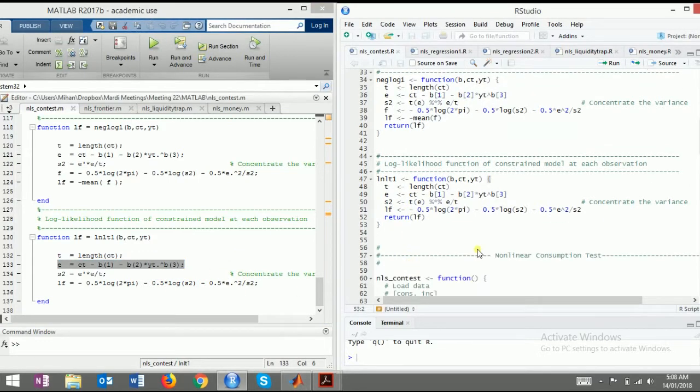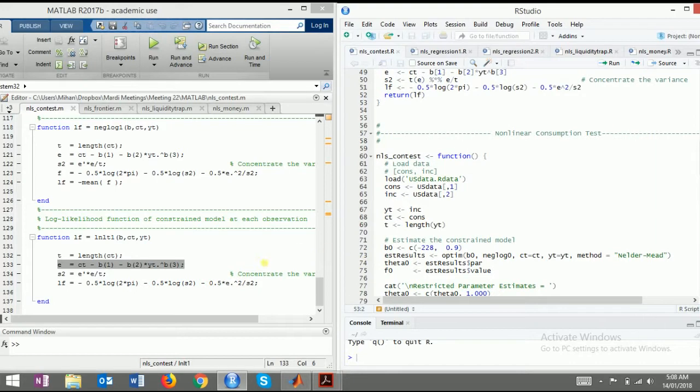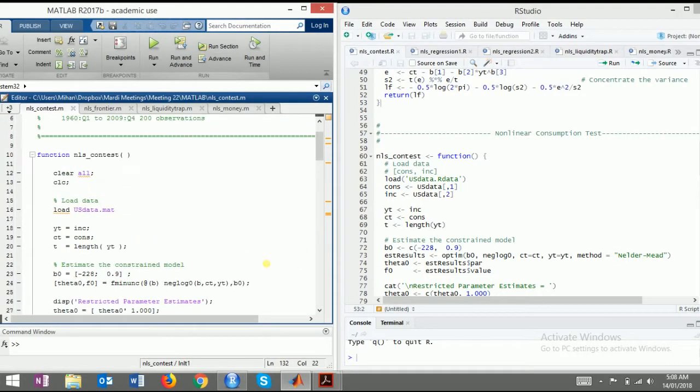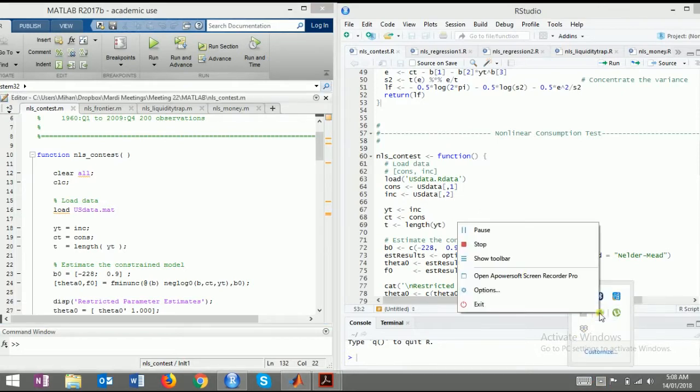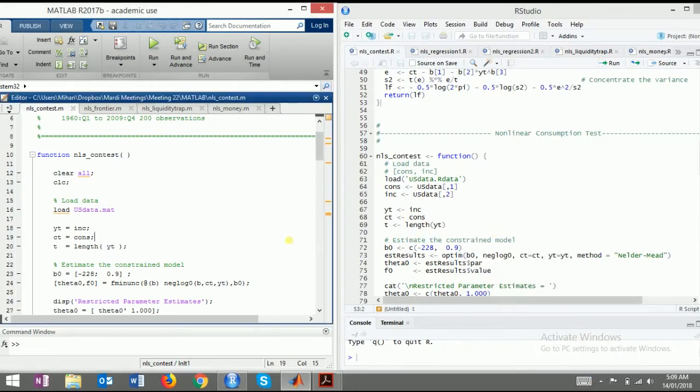Okay, now let's move into the model itself. We include the model in a function. So first let's load the data. Y is where income goes in, C is the consumption that's going in.